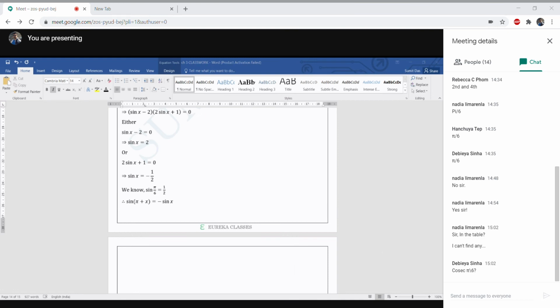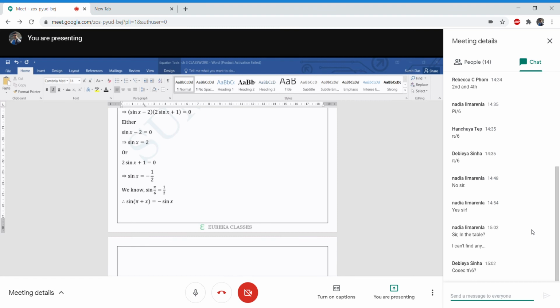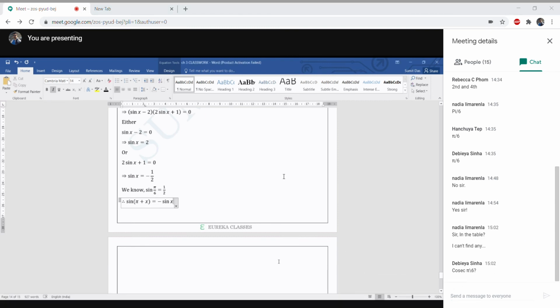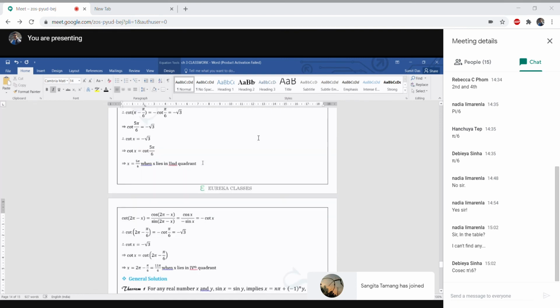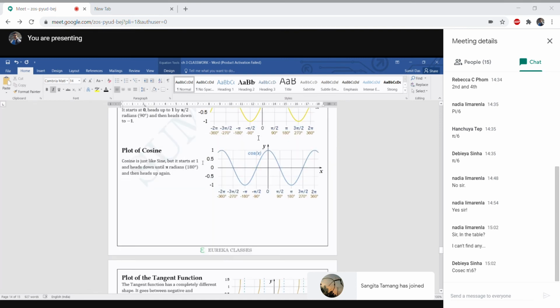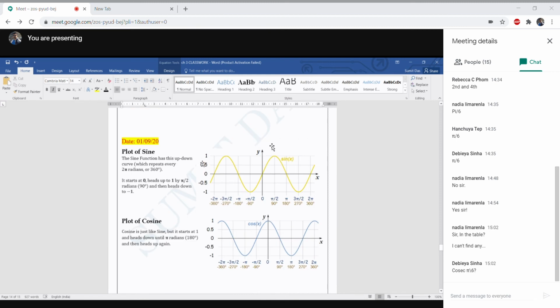Let's see if anyone got the answer or not. Cosec pi by 6? No, I'm asking which value of sine x will be 2. Look, in the last part of the sine curve, I told you that the maximum value sine achieves is 1 and the lowest value is minus 1.